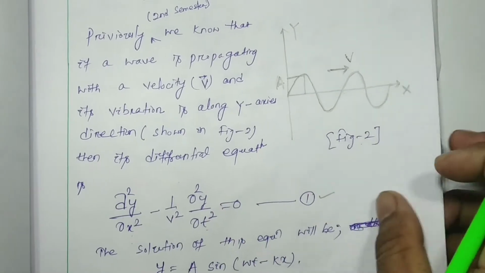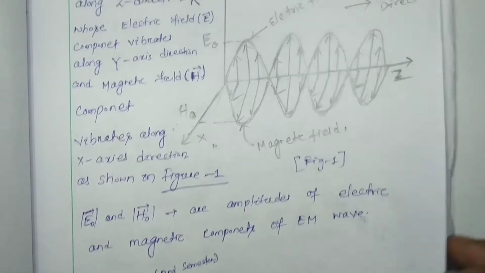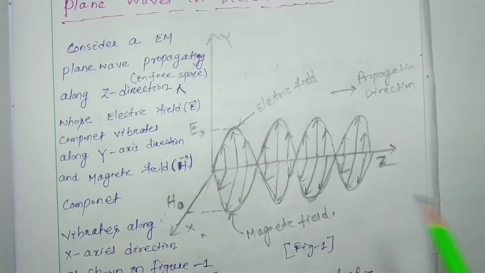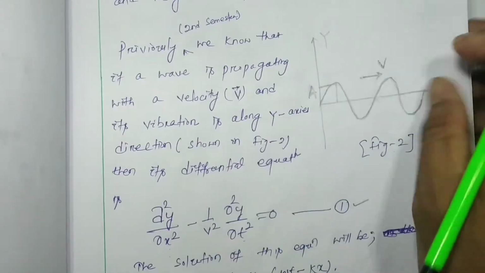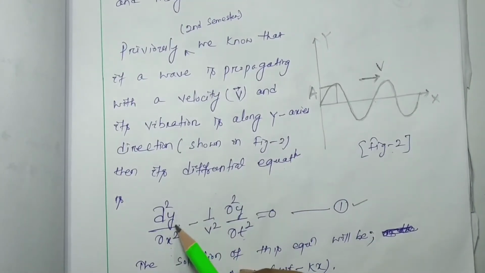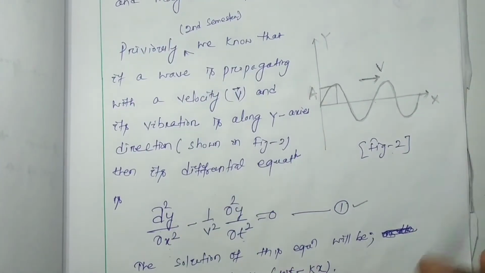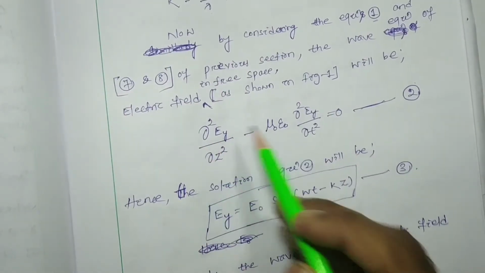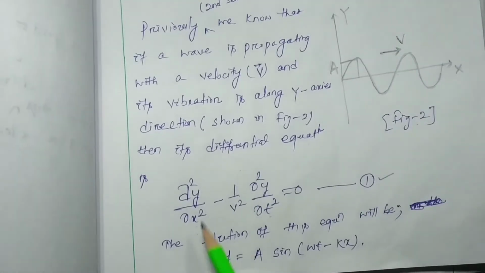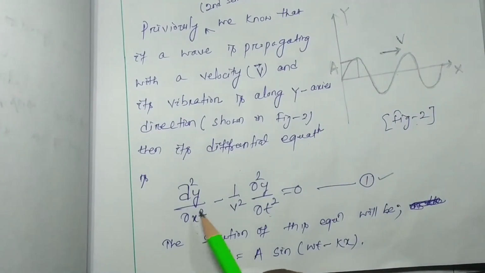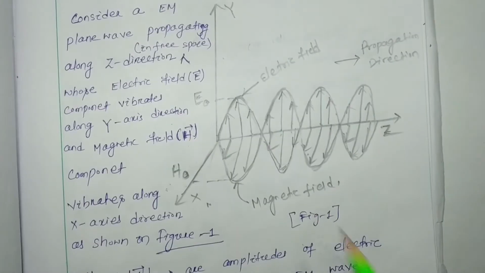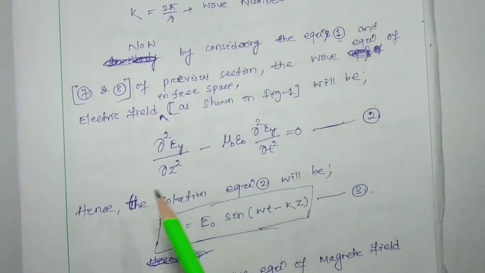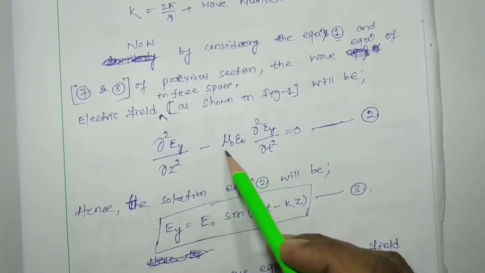Now if we write the differential equation of this electric field vibration and propagation, what do we write here? Del square y means the component of electric field, that is Ey, so del square Ey. Here the propagation direction x was written, but in this figure the propagation direction is z, so we write by del z square minus mu 0 epsilon 0.